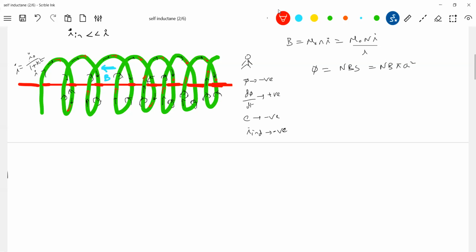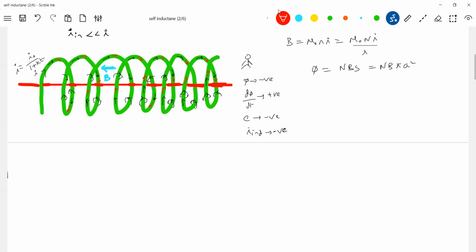Now look at the same coil. Earlier, when the current was increasing, it was opposing, it tried to decrease it. Now current is decreasing, so this induced current will try to increase it. Altogether, the property of the coil is that it is opposing the varying current. So look at the direction of induced current now, towards right.